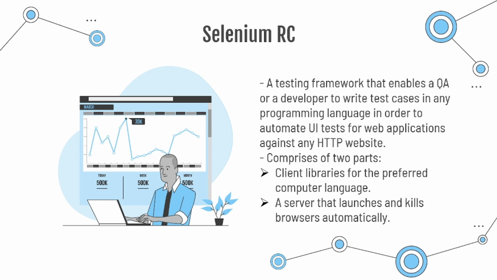Selenium RC provides an API and library for each supported language. Selenium RC is comprised of two parts: client libraries for the preferred computer language, and a server that loads and queues browser automatically.